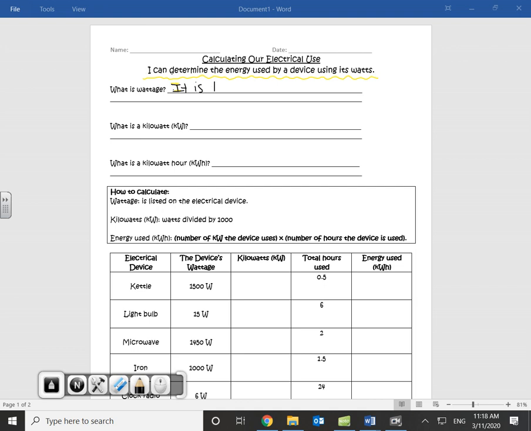It is the number of watts of electricity that a device needs in order to work.